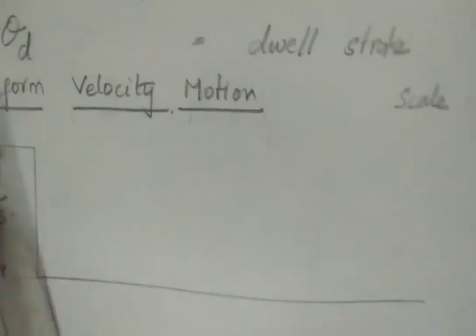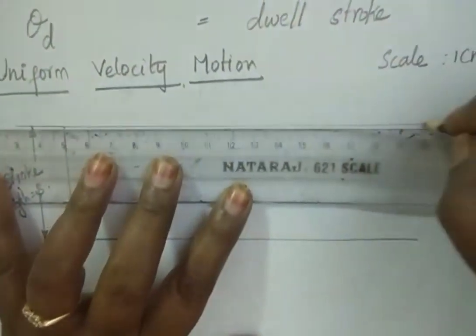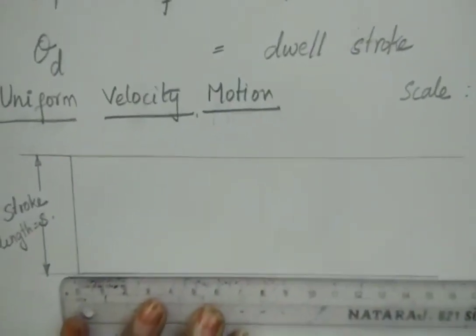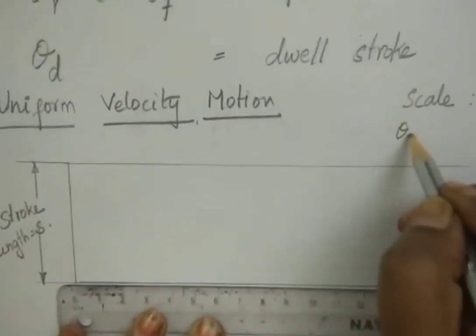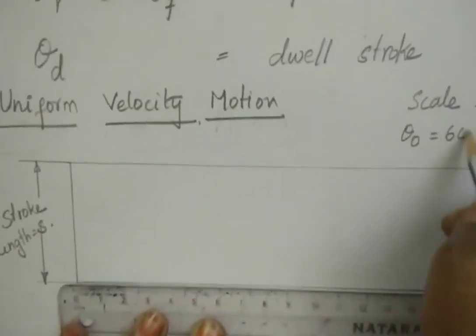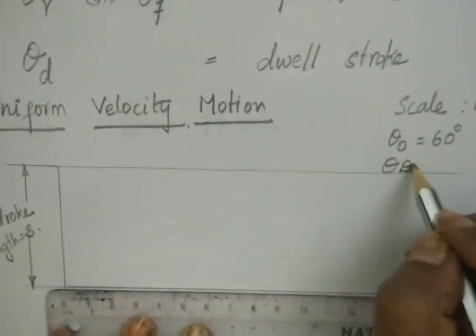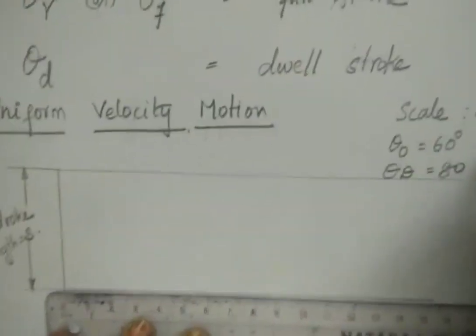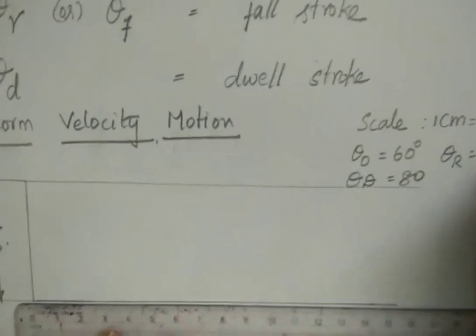Okay. The next one, draw 2 horizontal lines like this. And now mention theta O, which is nothing but the outstroke. For example, theta O I am taking as 60 degree. Then theta dwell I am giving as 80 degree. Then theta R I am giving as 70 degree.